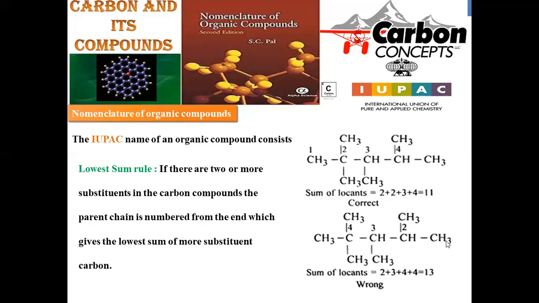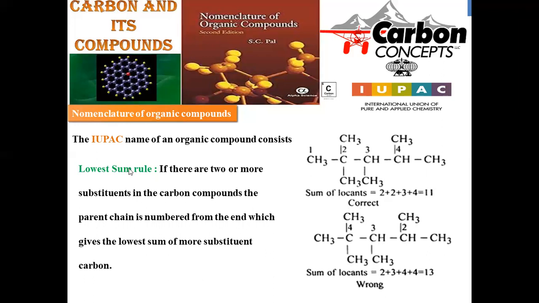So we can start from either side. 1, 2, 3: second carbon with a methyl, third carbon with a methyl, fourth carbon with another methyl, right? So this is one possibility. Then if you start numbering from the right hand side, 1, 2, second carbon methyl, third carbon methyl, fourth carbon with a methyl, right?